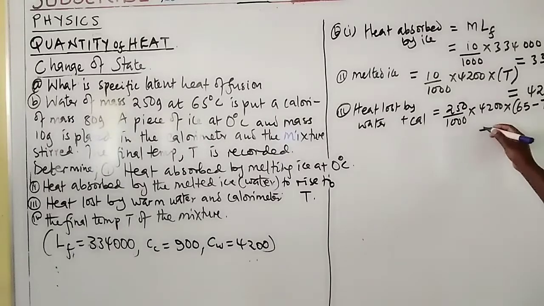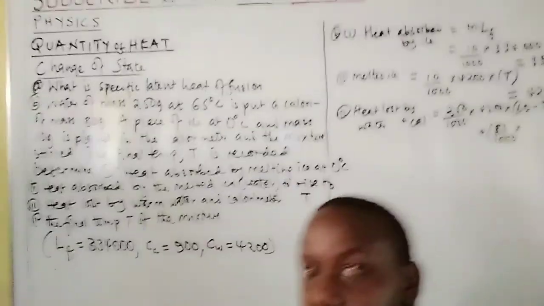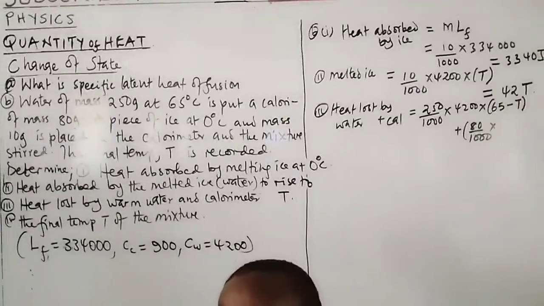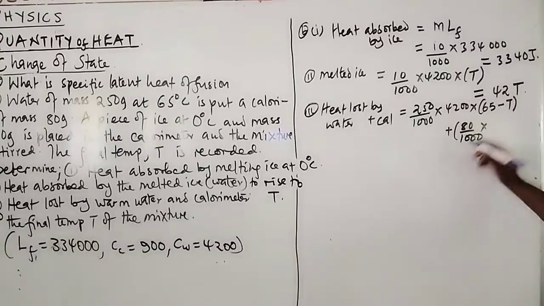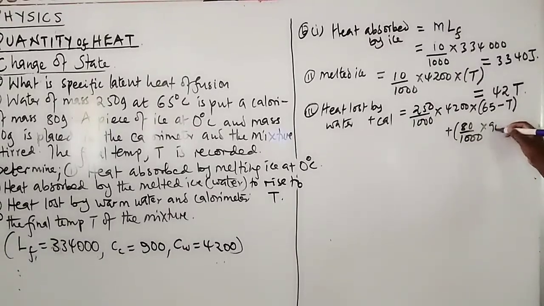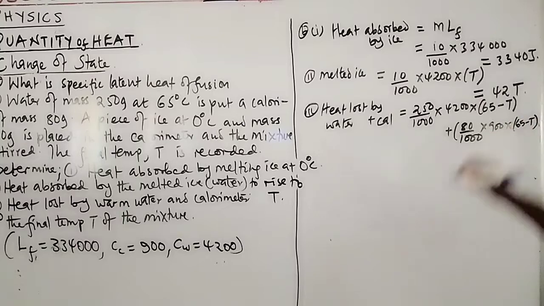And now the copper calorimeter of mass 80 over 1000. Let me focus well so that you may see all the values. 80 times specific heat capacity, which is 900 for copper, times change in temperature still from 65 with the water until temperature T, sorry.